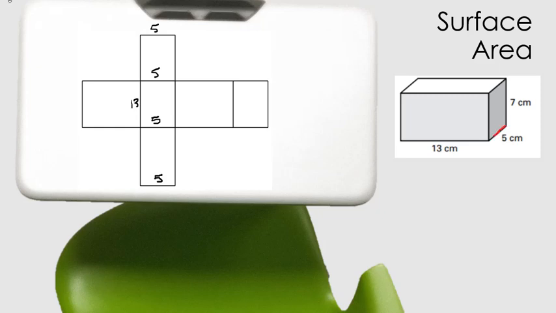So you can think of this part is right here. And then just so that it's easier for you to see what I'm doing, this part in blue is 13. So that's going to be like this measurement.